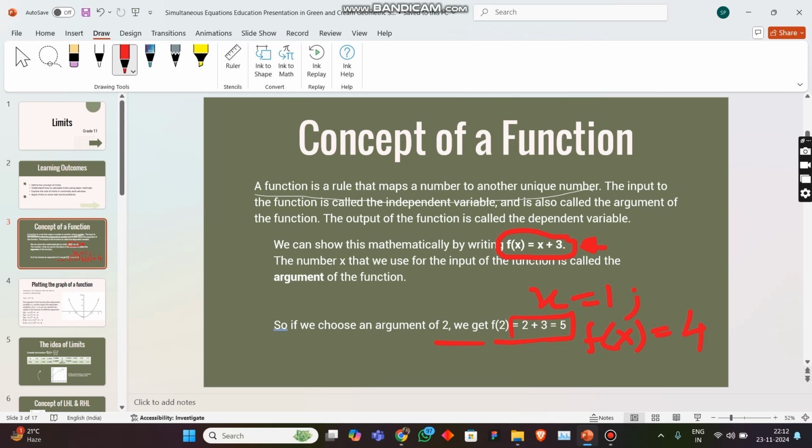So basically, there is a domain, which is 1, 2 and so on, and this is f of x, which gives 4 and 5. So 1 is mapped to 4 and 2 is mapped to 5. This is called the function.